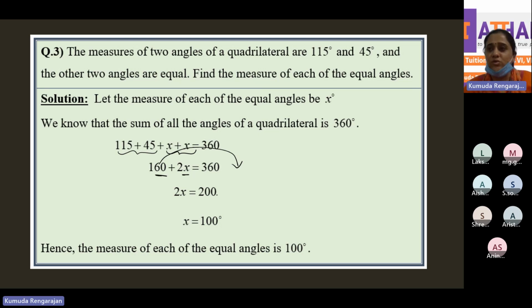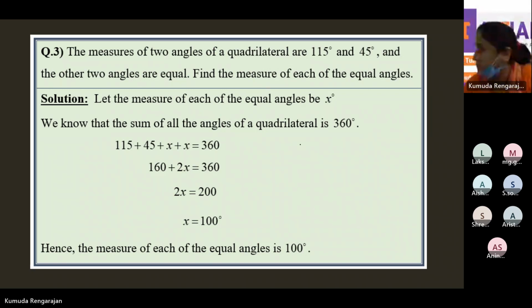So 2x is equal to 200, correct? x is equal to 200 divided by 2, which is 100. So what is the x here? It's the measure of the equal angles. So each of the equal angles is equal to 100 degrees. The third angle is 100 degrees. The fourth angle is 100 degrees. Correct?